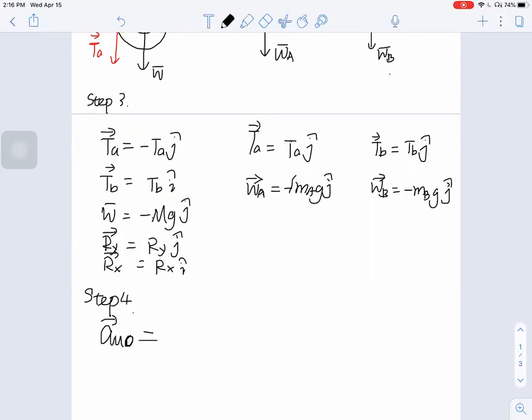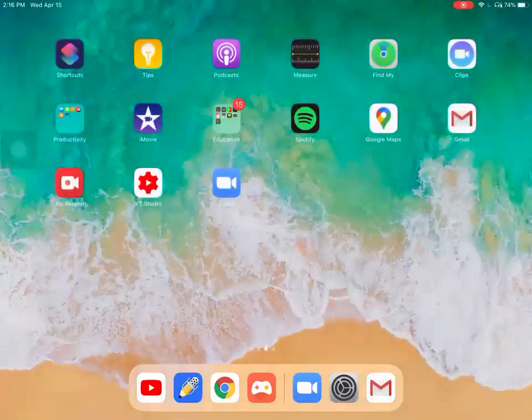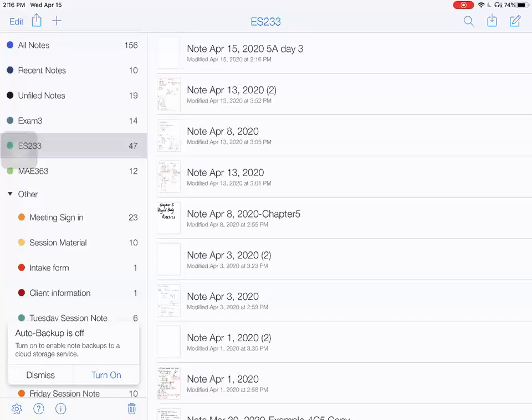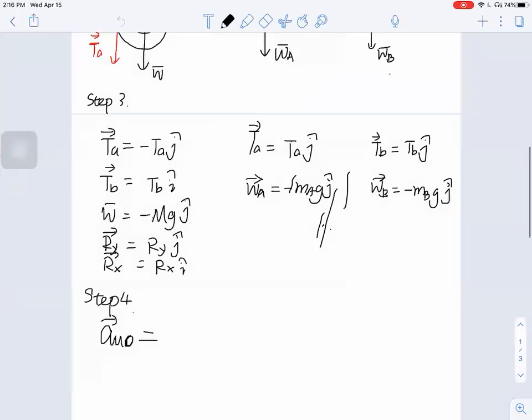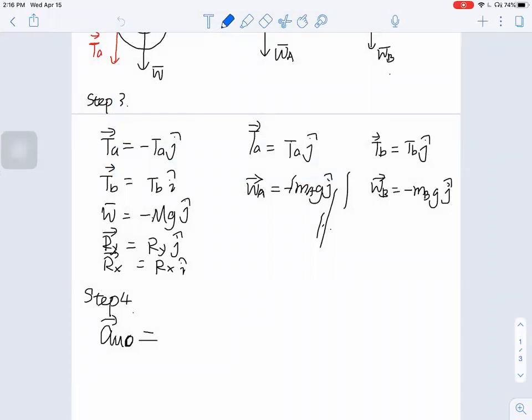So what is A_MO going to be? Acceleration, oops. Sorry, there's something wrong with this app. Let me restart it. Okay, so what is A_MO?